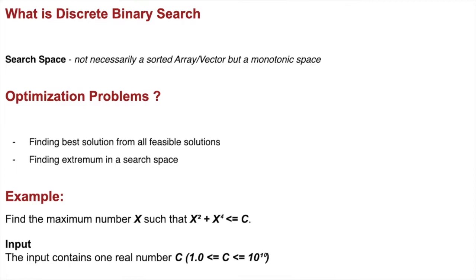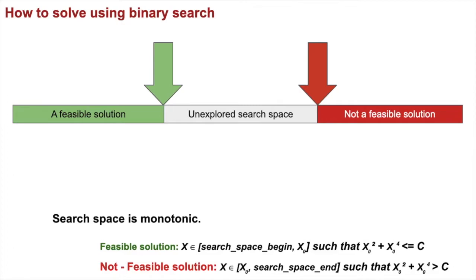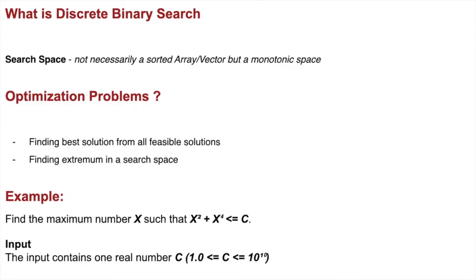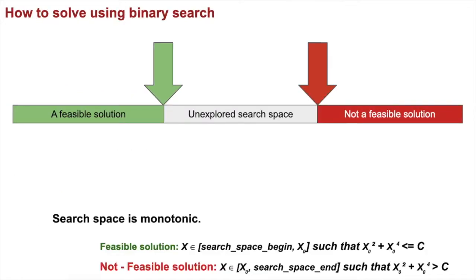You can optimize the search space further, like c by k, where k can be any integer, if additional information is provided in the question. Okay, so now how to solve it using binary search? I claim that my search space is monotonic, which means this function x square plus x power 4 is an increasing function.